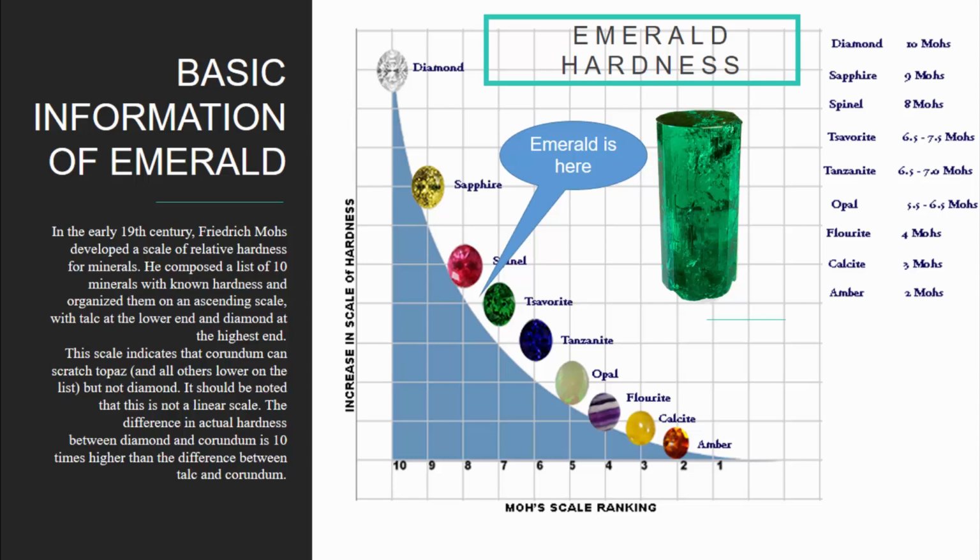In emerald, durability comes from hardness and toughness. As you can see in the graph, the hardness of emerald falls between 7 and 8. That is good hardness for daily use of emerald as jewelry. Besides hardness, the toughness of emerald is also fair and good, but not too good.